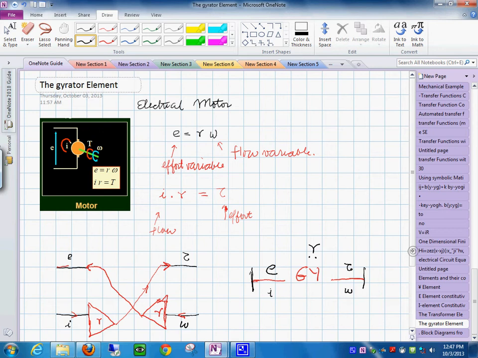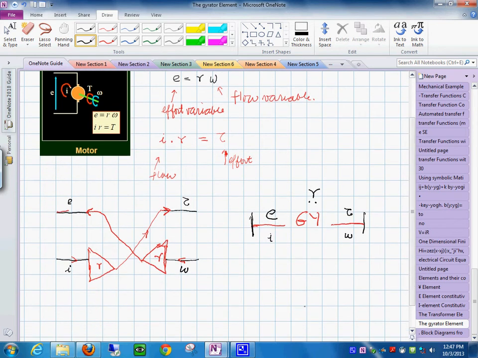So this element can have another type of representation here where the causal marks are in, like here. And here you will have this situation like this. So these forms are possible.